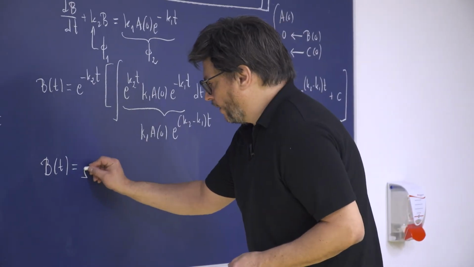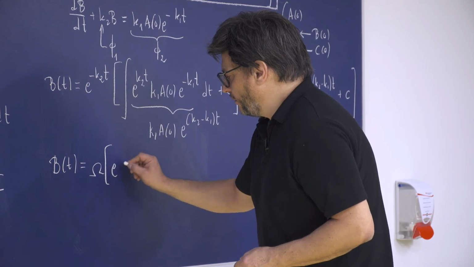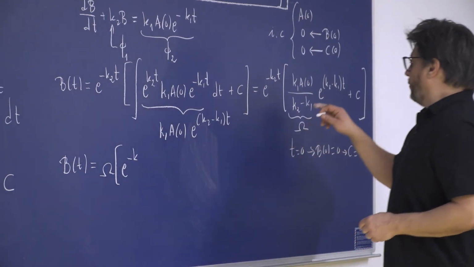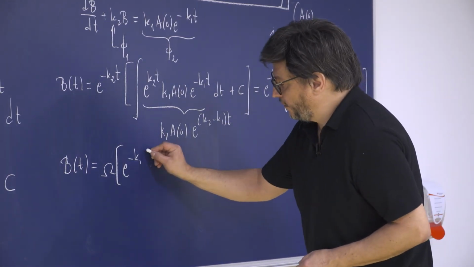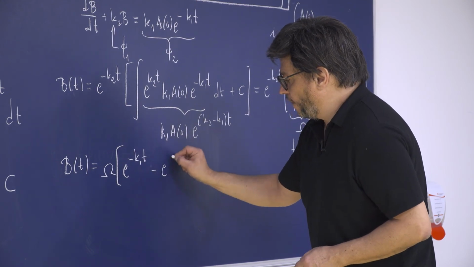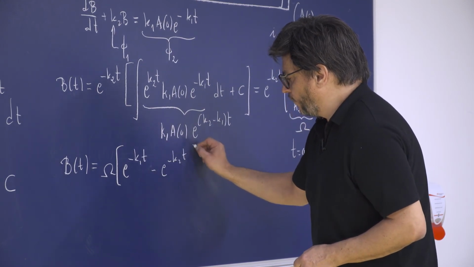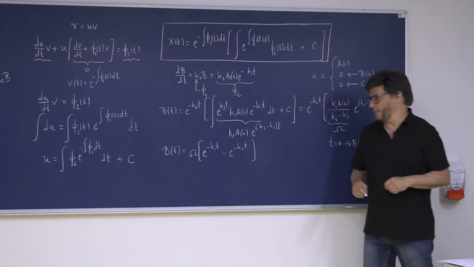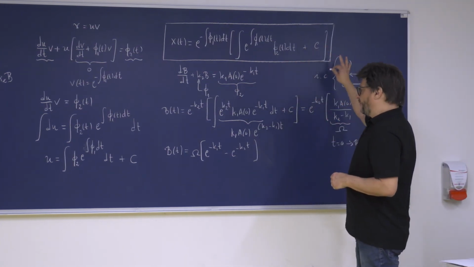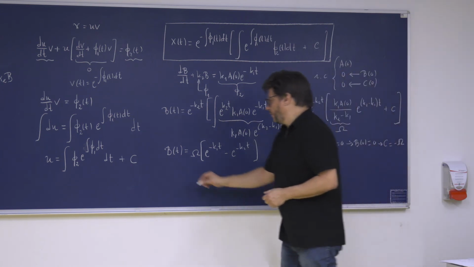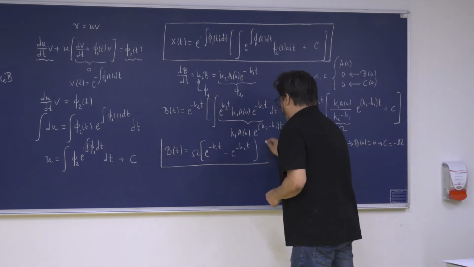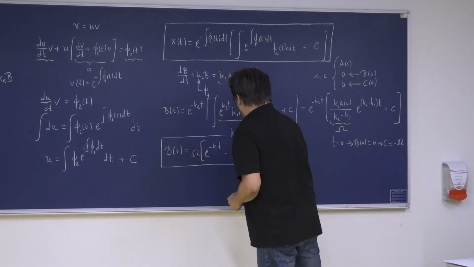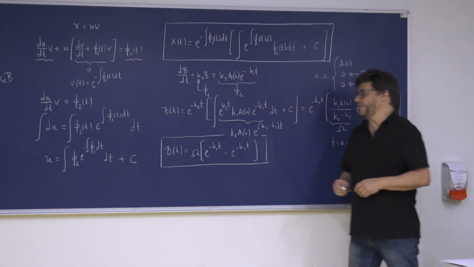And you can check that what remains is this here and this here. This is B of t, okay? So general expression, straightforward to use it to find out B, okay? How can I find C?